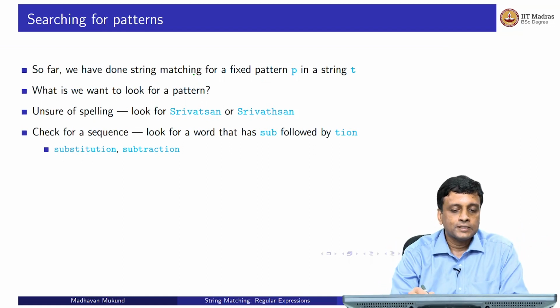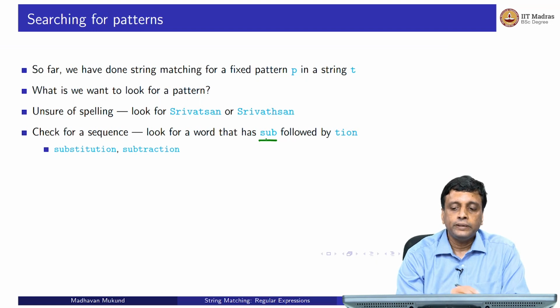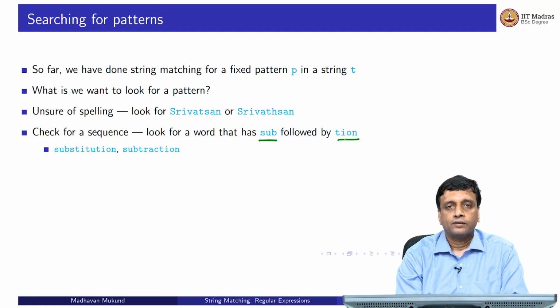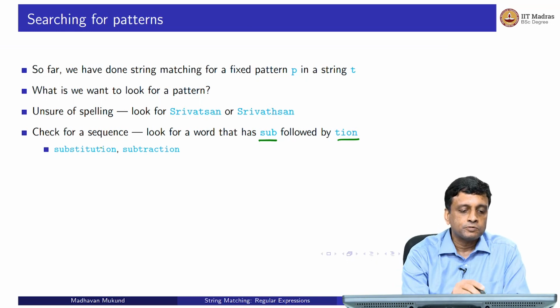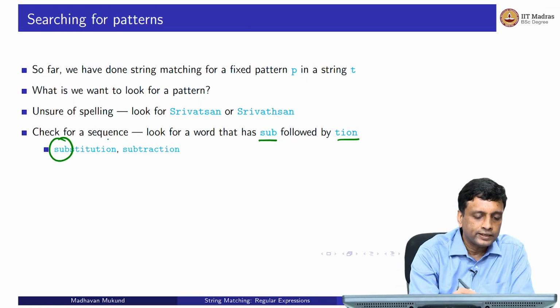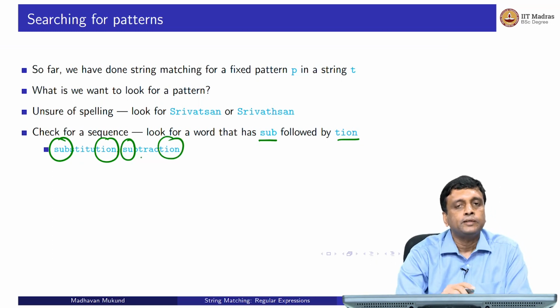So here is an example. Supposing we want to look for a word that starts with the letters SUB and it ends with TION, right? So this should match a text which has, say, substitution, because this starts with SUB and ends with TION, but also subtraction because this also starts with SUB and ends with TION.